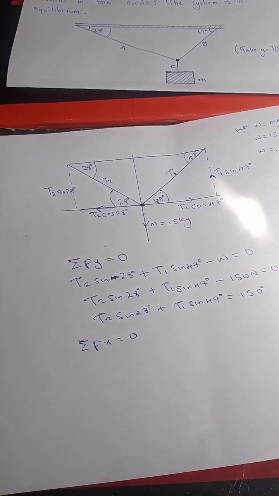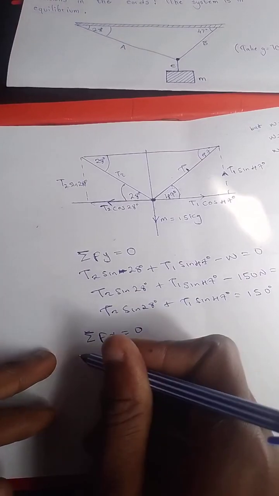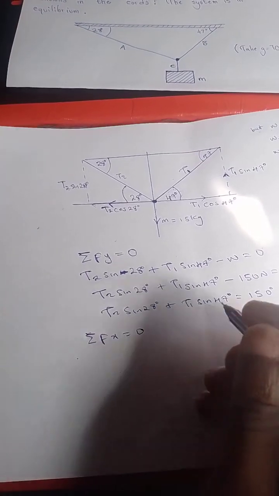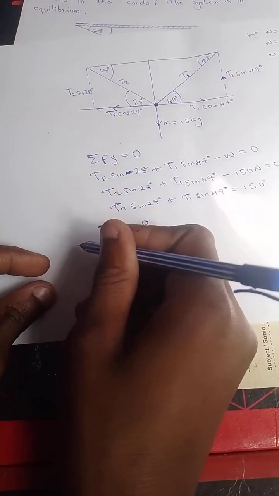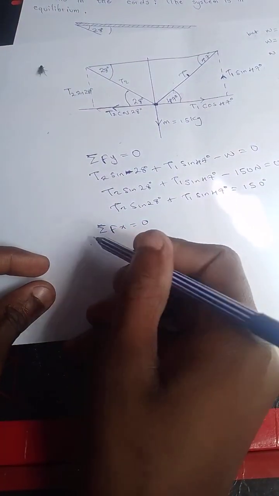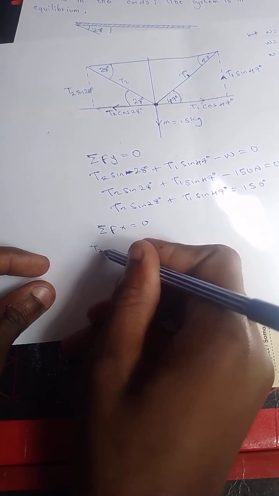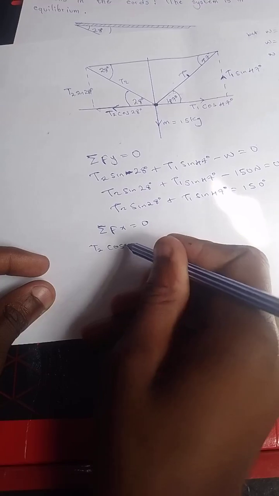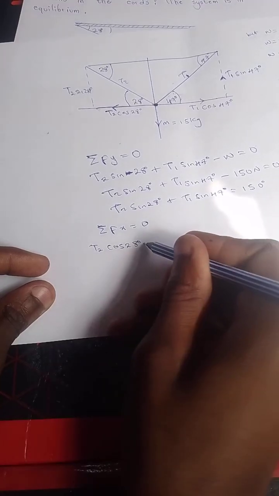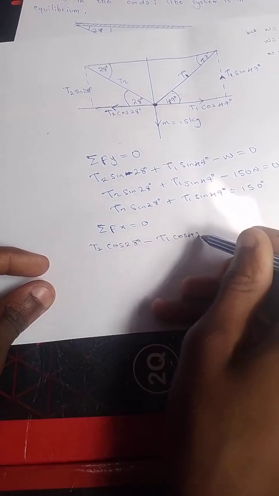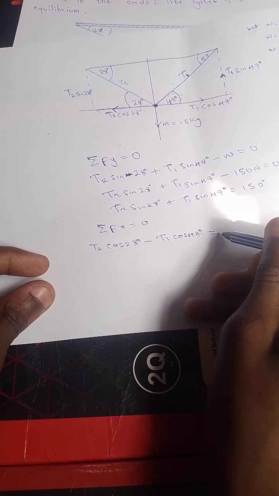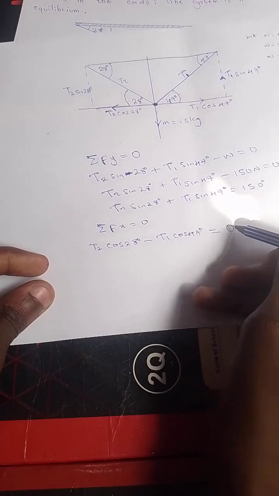So we have T2 cos of 28 degrees minus T1 cos of 47 degrees equal to 0.